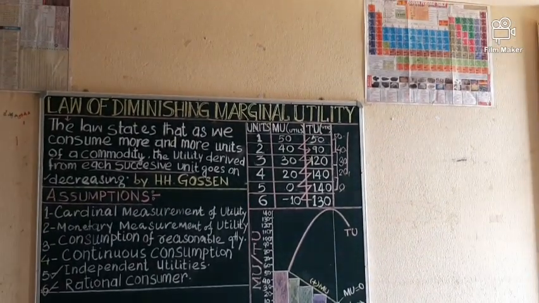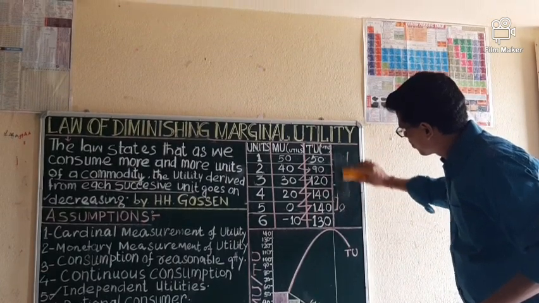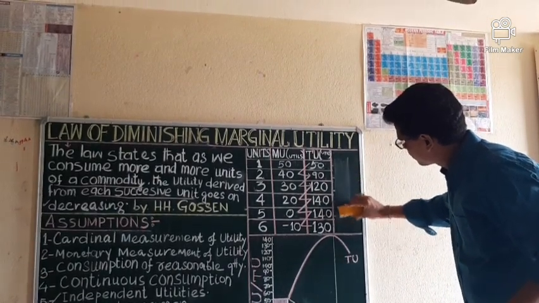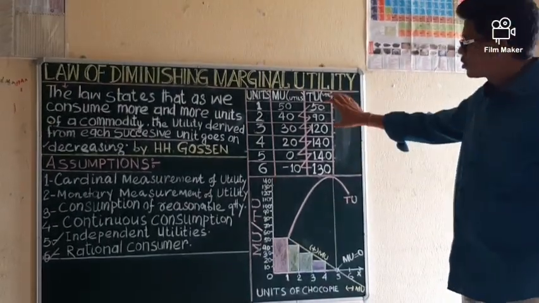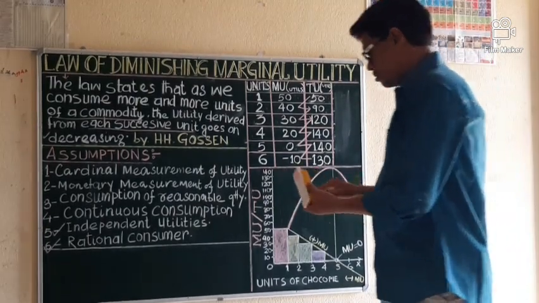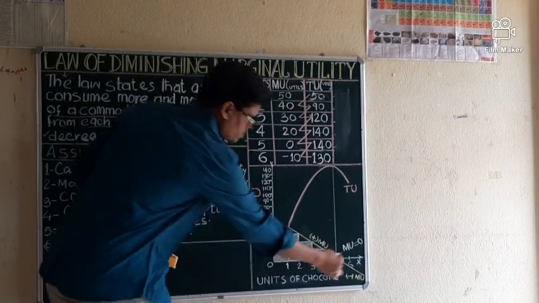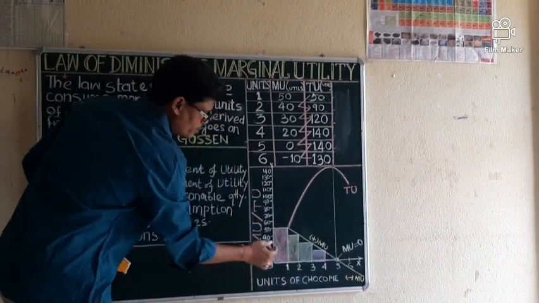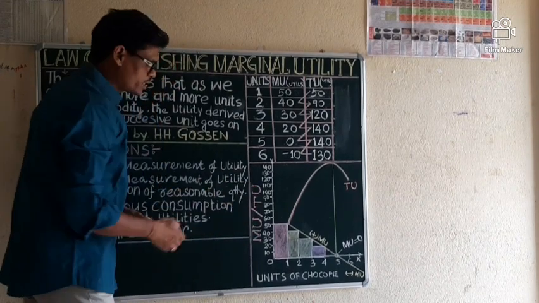diagram. So here, this is the diagram corresponding to this table. Here this is the y-axis, this is the x-axis, origin. On the y-axis we have marginal utility and total utility.